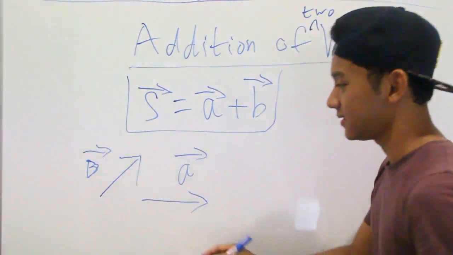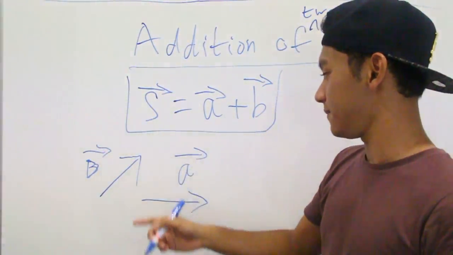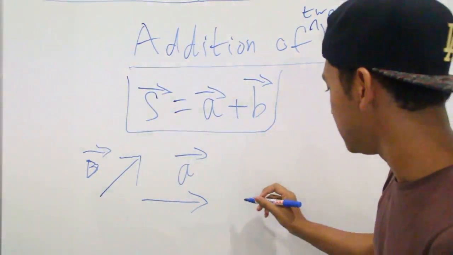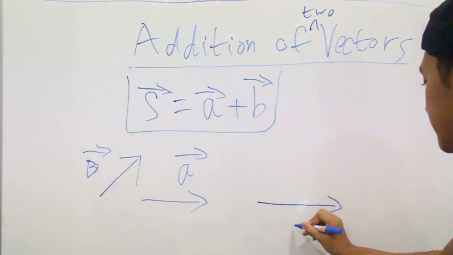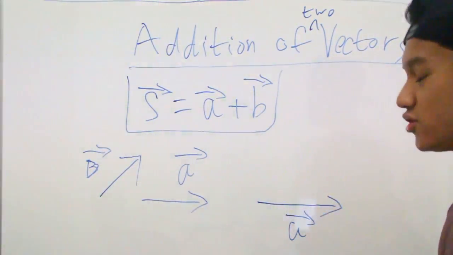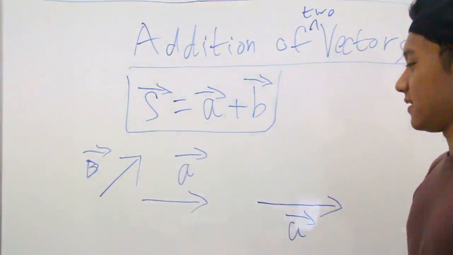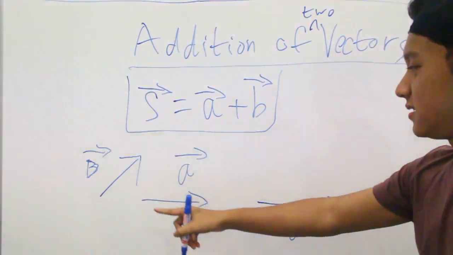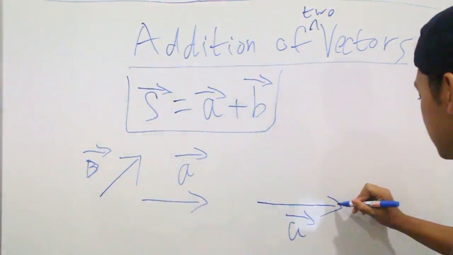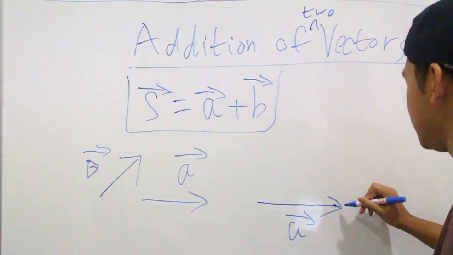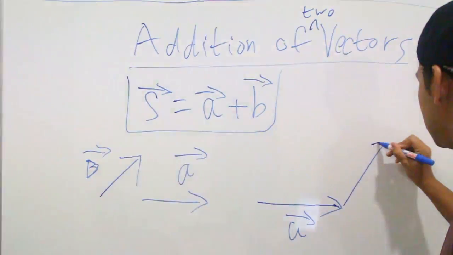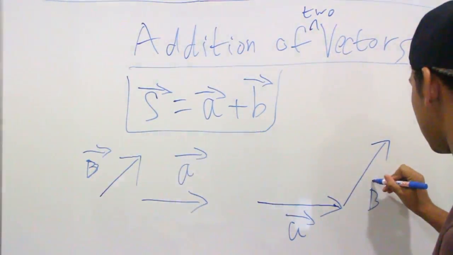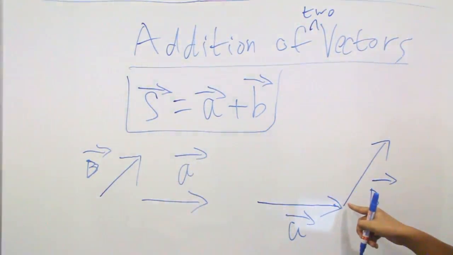Let's add A plus B. I'll give you an example. This is not 100% accurate in degrees, but you'll understand what I'm saying. Like this is vector B. As you can see, head to tail.